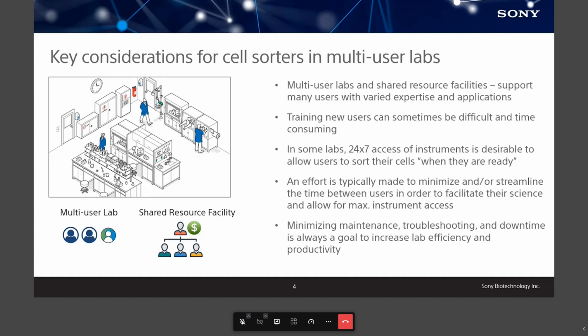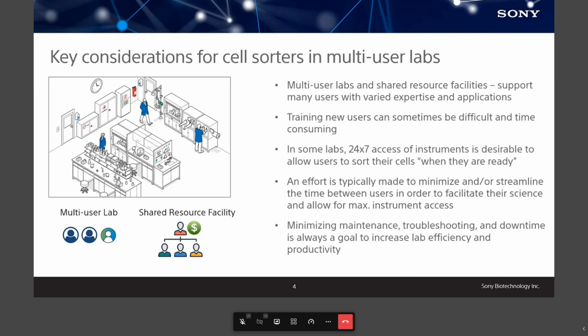Most shared resource facilities are run in a fee-for-service type business model, and they're often overseen by a director or manager or some other administrator that's overseeing the day-to-day operations of the lab and of the instrumentation.